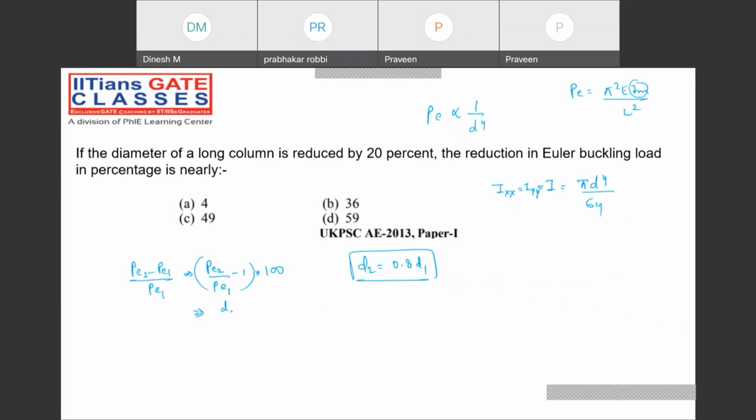So simply d1 by d2 to the power 4 minus 1 into 100. So it is going to be 1 upon 0.8 to the power 4 minus 1 into 100.